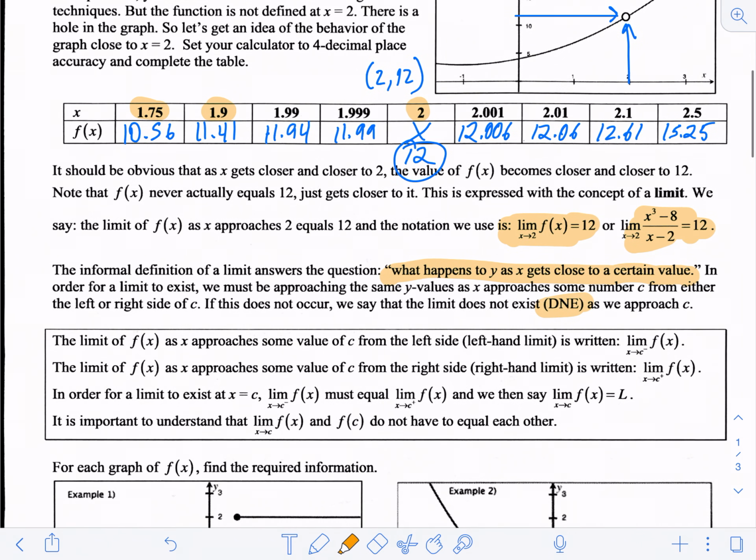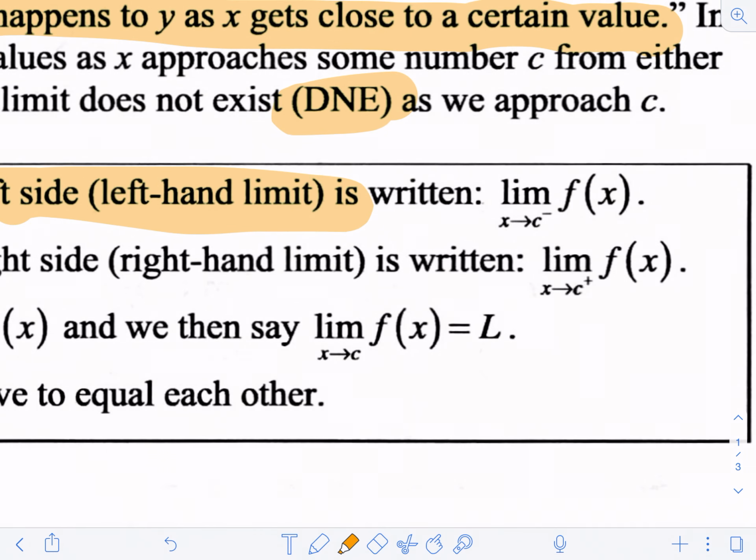So a couple of rules to keep in mind. When we talk about approaching from the left and from the right, we did this when we looked at limits for asymptotes. When we talk about the limit of f of x as we approach some value from the left-hand side, we're going to say, as x approaches c minus, the limit as x approaches c minus of f of x, meaning approaching from the left.